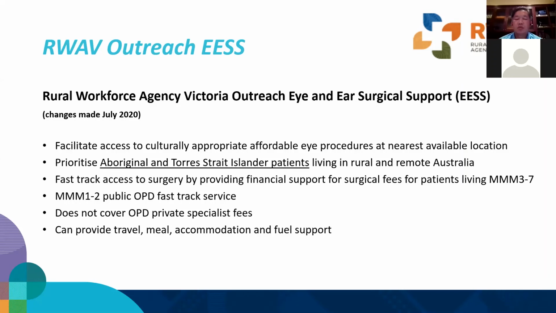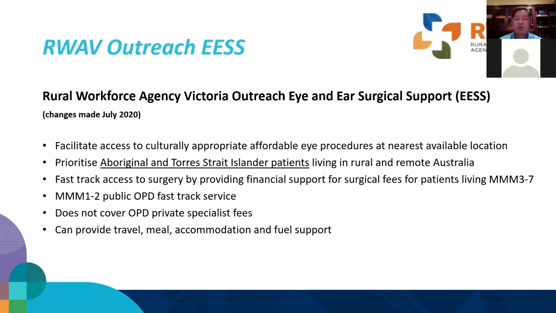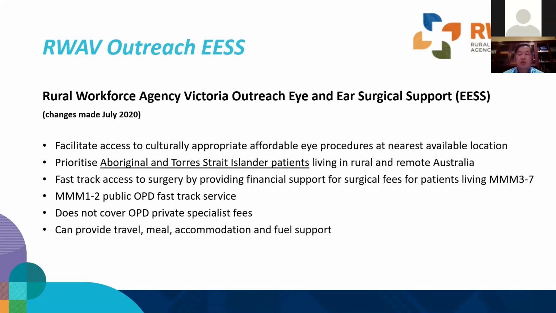They're able to fast-track surgery by providing financial support for surgical fees for those living in large rural or remote areas. If they're living in the city, then they can fast track through the public system. Again, it doesn't cover any private fees. It all goes through the public system, but at least they can provide money for transport, meals, accommodation, fuel support, and things like that.